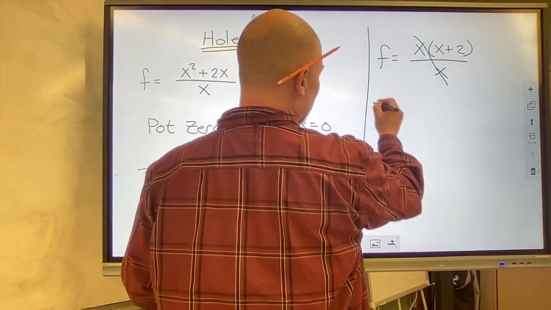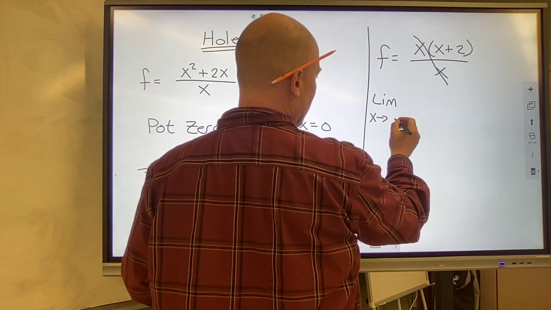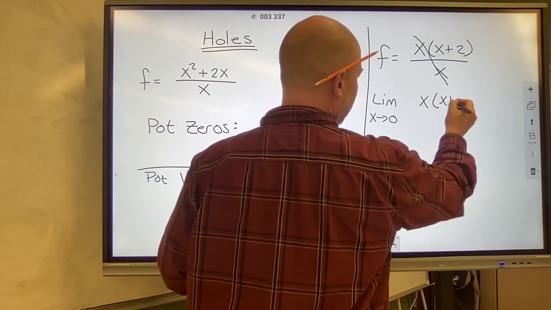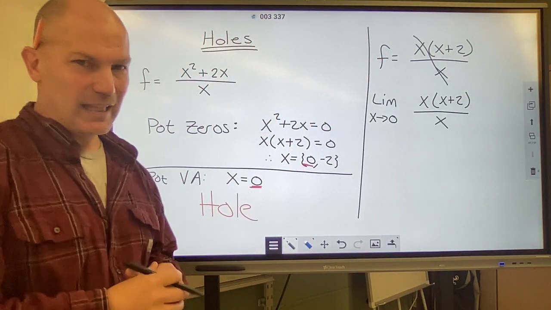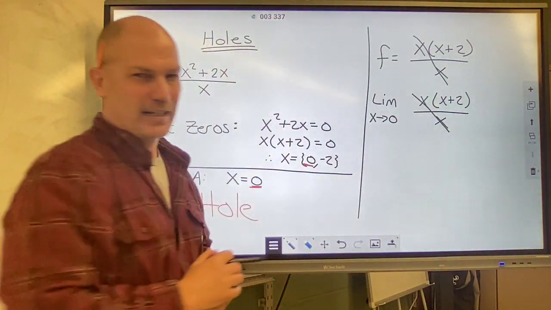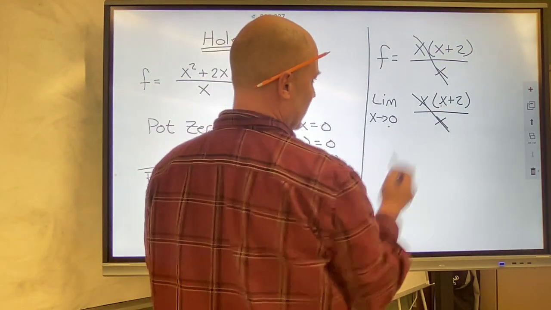So really what we should be doing is we're talking about taking the limit as x approaches 0 of this function. We're taking that limit, this is our little mathematical trick, which allows us to cancel that out. And then we go, oh, now I can plug 0 in.